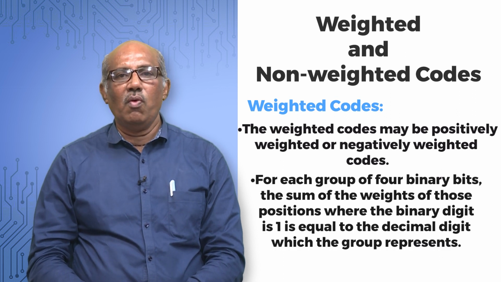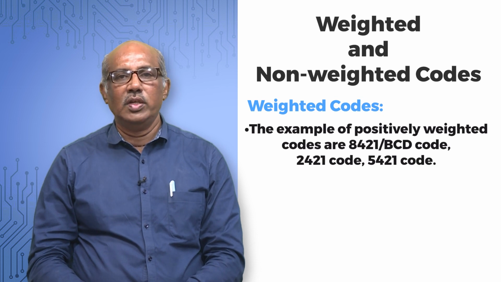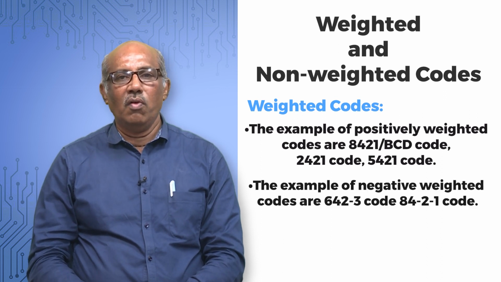For each group of 4 binary bits, the sum of the weights of the positions where the binary digit is 1 is equal to the decimal digit which the group represents. The examples of positively weighted codes are the 8421, or we call it the BCD code, the 2421 code, and the 5421 code. The examples of negatively weighted codes are the 642 minus 3 code or the 84 minus 2 minus 1 code.